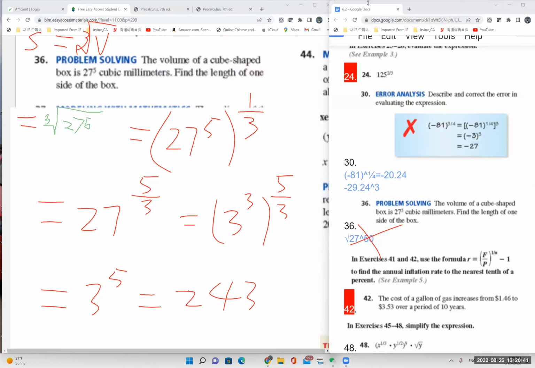Let me circle it again. Yeah, so here the volume is cubic millimeters. So suppose here side is just a millimeter, right? Okay, please screenshot. Okay.